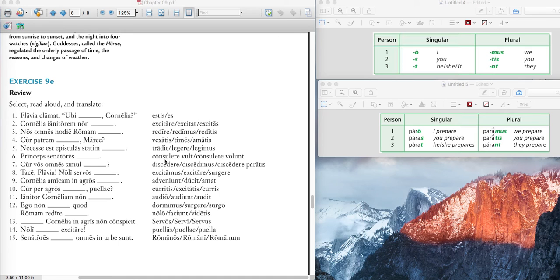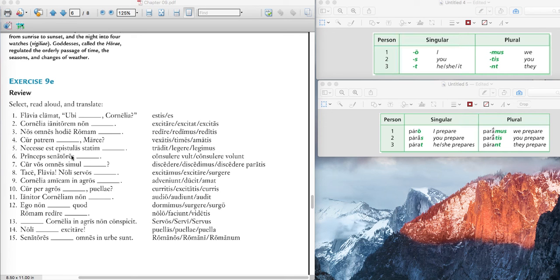Consulere and consulere both mean to consult, and volt and volunt are both forms of the verb to want. But what's the difference? Again, the T versus the NT. T, he, she, it, here, and NT, they. The princeps, he's a singular guy. The emperor wants to consult the senators, not the emperor they want to consult the senators.